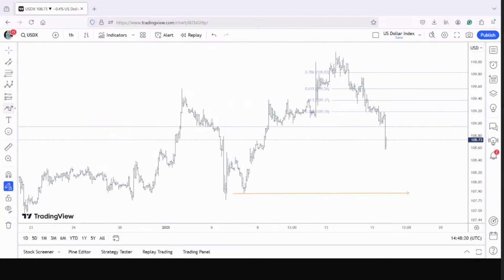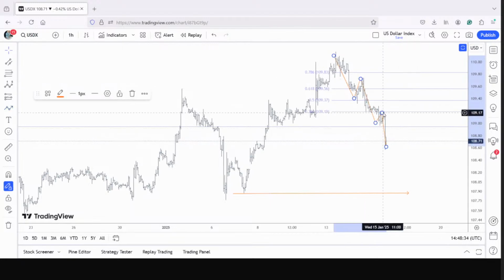Now, if we try and project this wave, that could be wave 1, sharp wave 2, 3, 4, and 5. This is one way. But what if the third wave is extending? If the third wave is extending, the drop is going to continue. It's going to be 1, 2, 3.